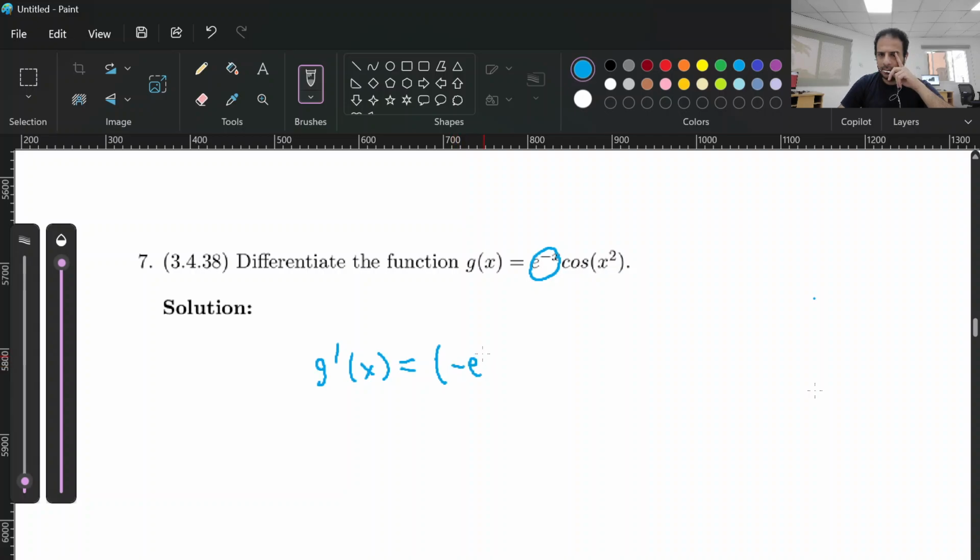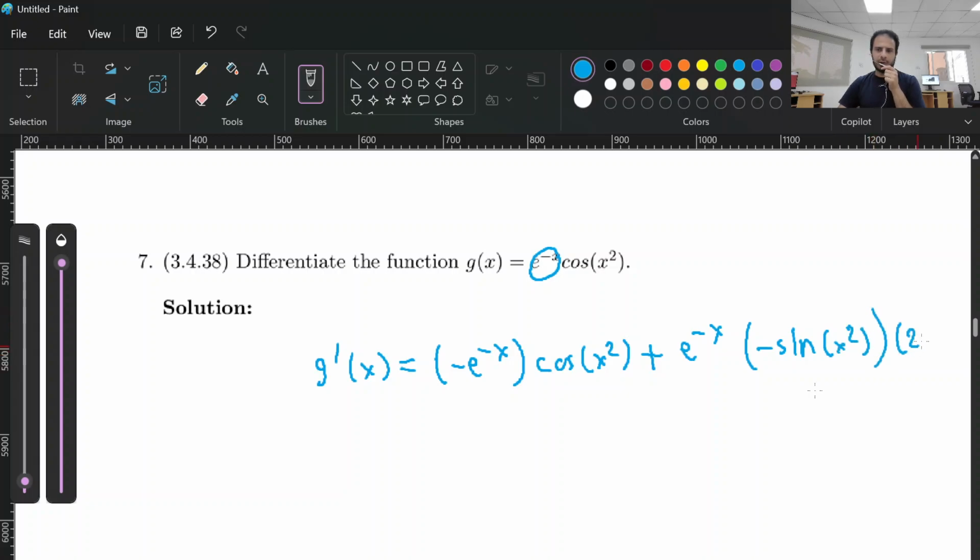It's going to be minus e to the power cosine x squared, plus e to the power of minus x times minus 2x sine x squared. So minus sine x squared, then the inner is 2x. Yes. Thank you.